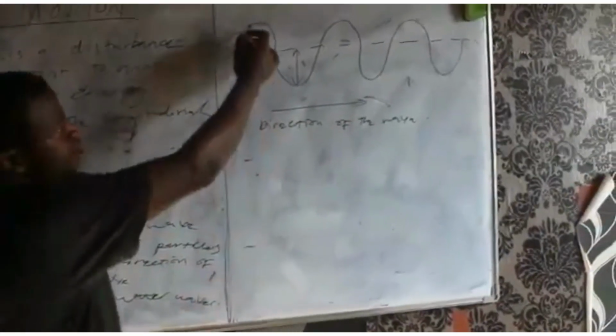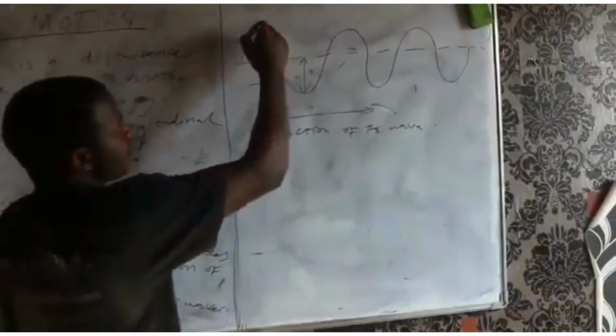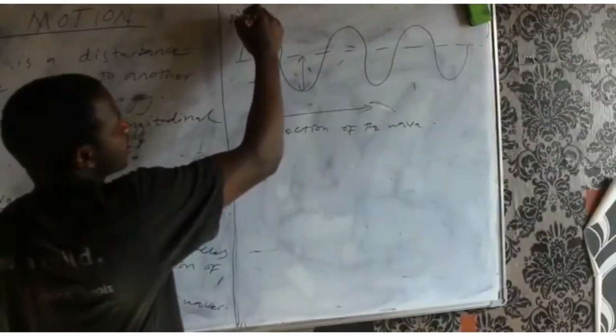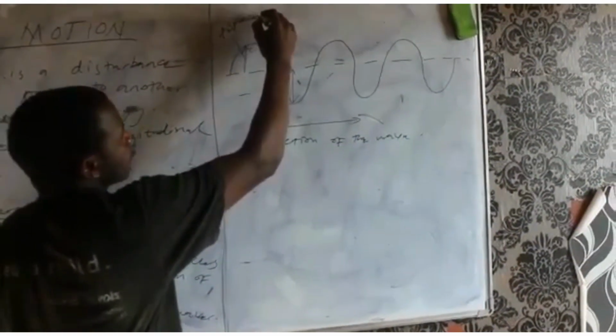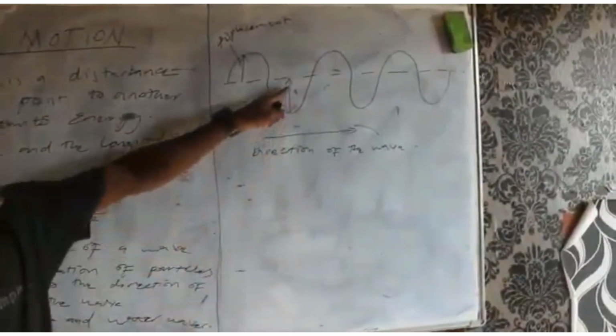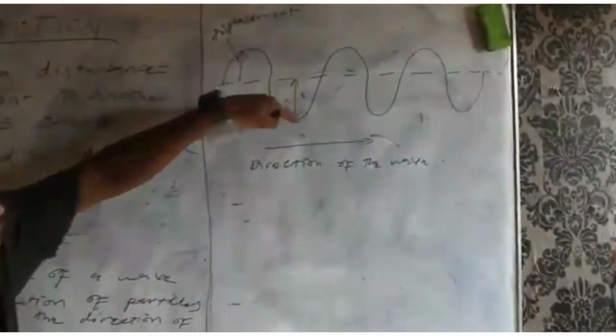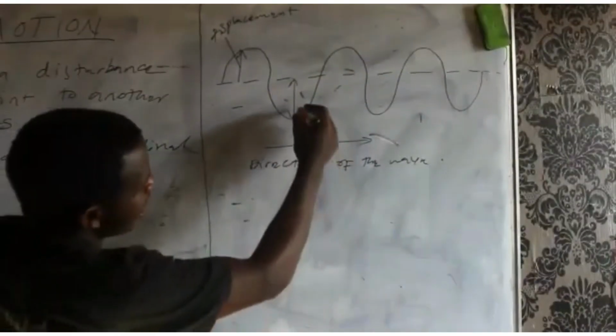This part is referred to as the displacement. Then this arrow, the point from here to here, is referred to as the amplitude.